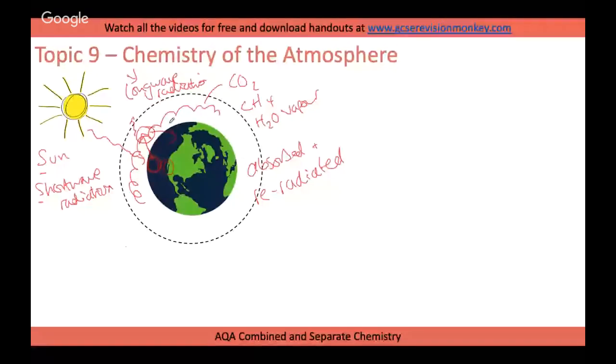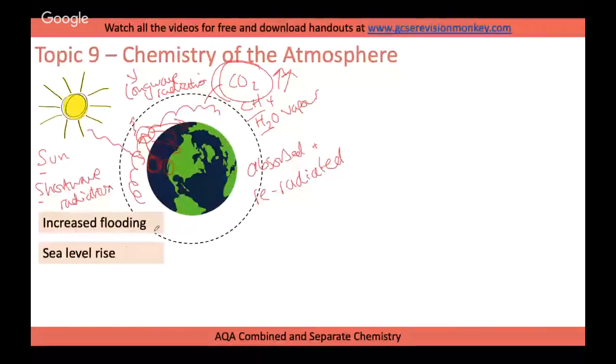Now, we need that to some effect to sustain appropriate temperatures for life on Earth. However, carbon dioxide levels are going up as well as other greenhouse gases, and that means more long wave radiation is being re-radiated, causing a warming effect. This is causing many consequences, including increased flooding, sea levels rising, changes in species distribution.